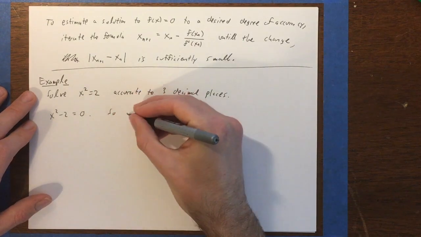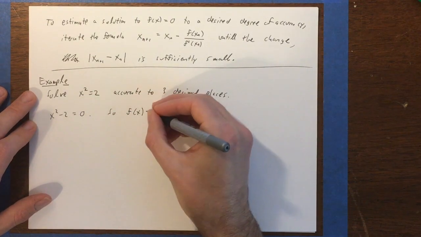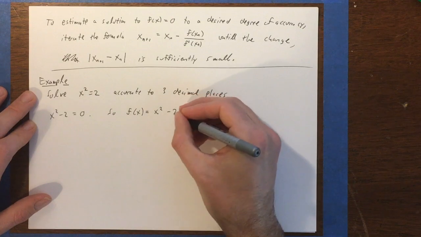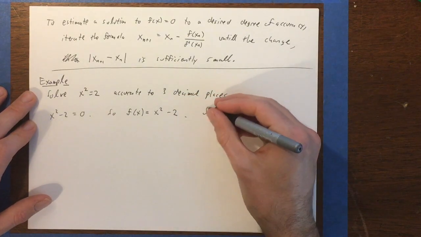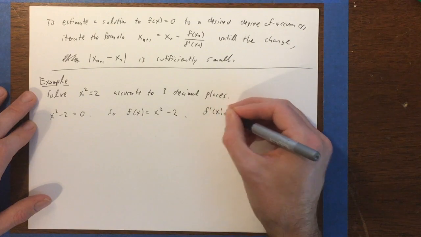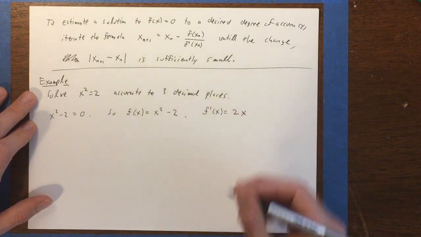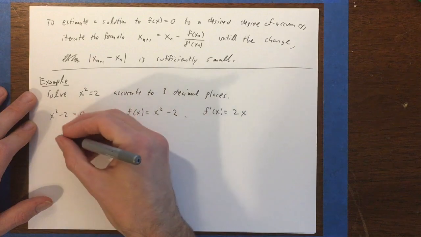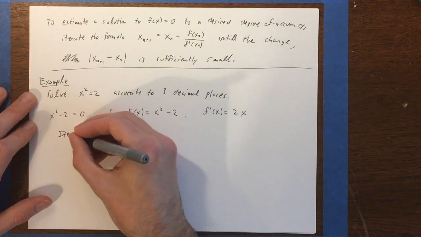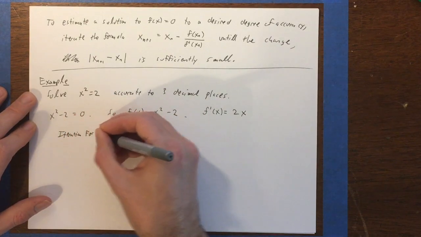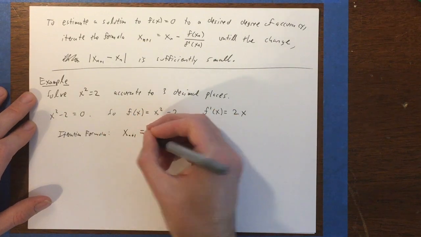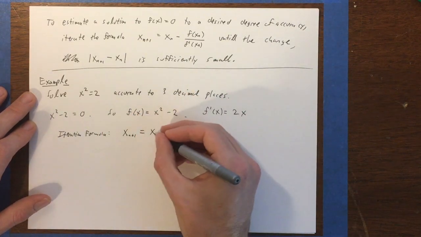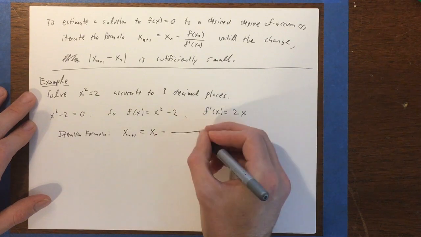So that means the function I should use, f of x, is going to be x squared minus 2. All right, I'm going to need that. I'm also going to need f prime to do my formula. F prime of x is 2x. There we go. So that means my iteration formula is going to be xn plus 1 equals the previous number, xn, minus a fraction.